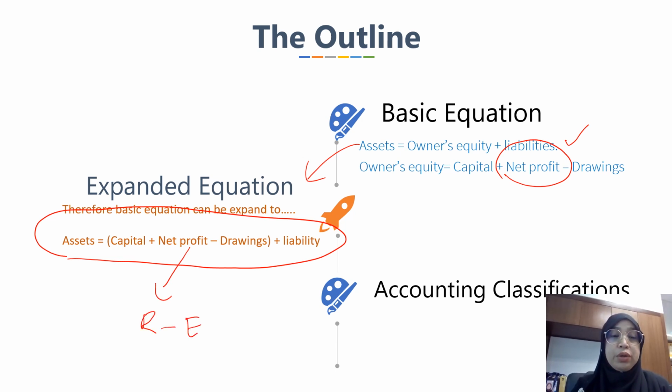So now assets are equivalent to capital plus net profit minus drawings plus liabilities, and then assets are equivalent to capital plus revenue minus expenses minus drawings plus liabilities.